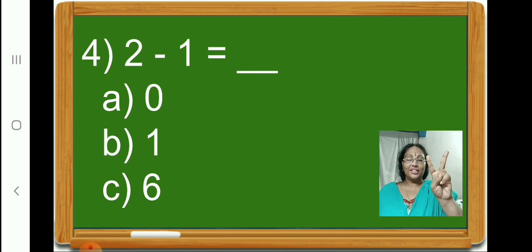So let us fold 1 finger. Now children, count and see how many fingers are there. 1 finger. Therefore children, 2 minus 1 is equal to 1. Now let us click the correct option B.